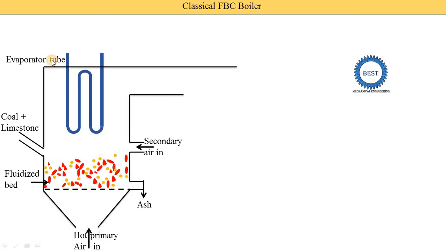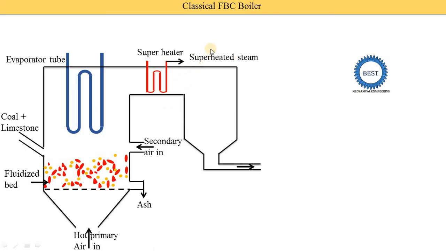According to the name of the process, the name evaporator tubes is given. Water is converted into steam, meaning liquid is converted into gas or vapor. The gas produced by the combustion of the coal passes over these evaporator tubes. Then the steam produced by the evaporator tube is supplied to the superheaters, and in the superheaters the temperature of the steam is increased. Then this superheated steam is supplied whenever it is required.